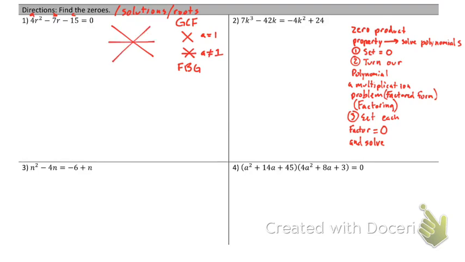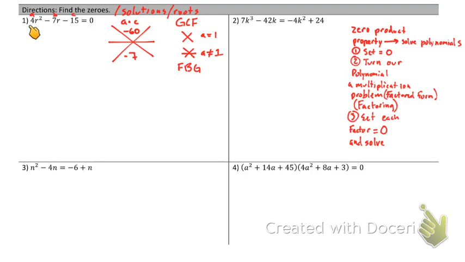We go A times C, 4 times negative 15, and then my B value is negative 7. If you recall, we have to fill in the top blanks.